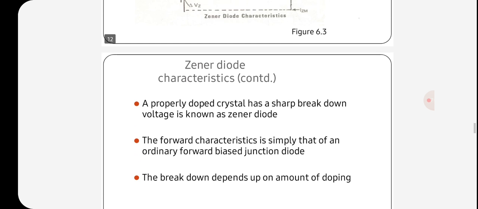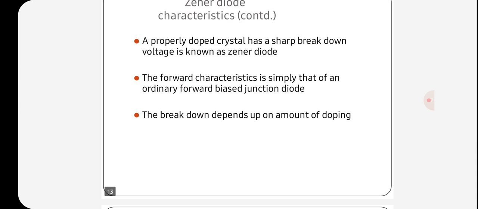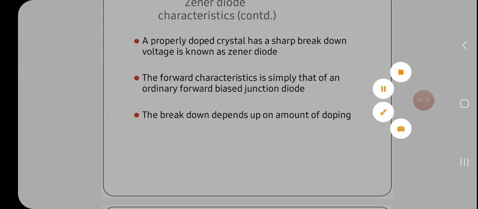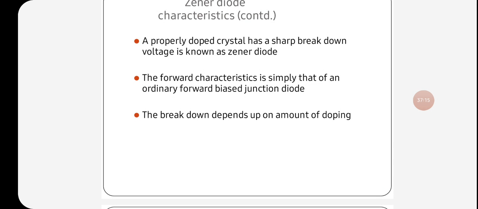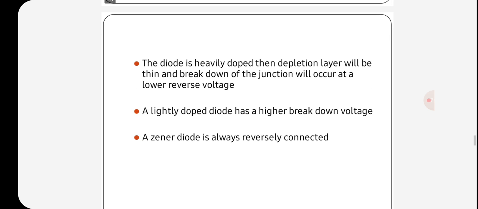Now, in Zener diode characteristics, a properly doped crystal diode that has a sharp breakdown voltage is known as the Zener diode. The forward characteristics is simply that of an ordinary forward biased junction diode. The breakdown depends upon the amount of doping.